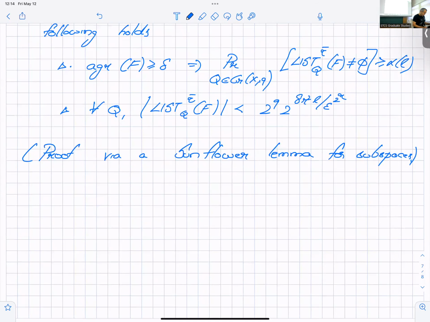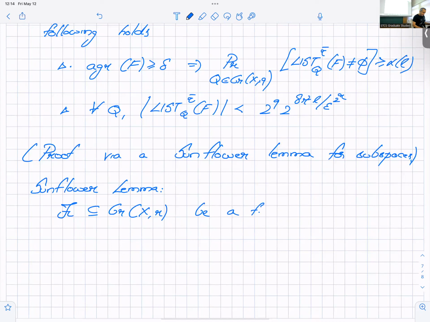It basically says: let F be a family of R-dimensional spaces.